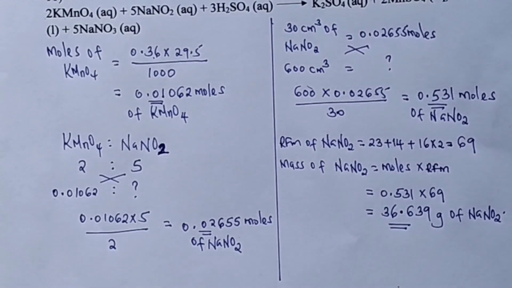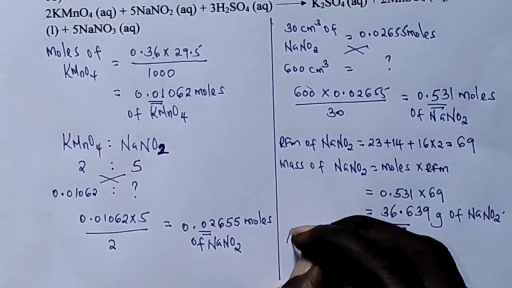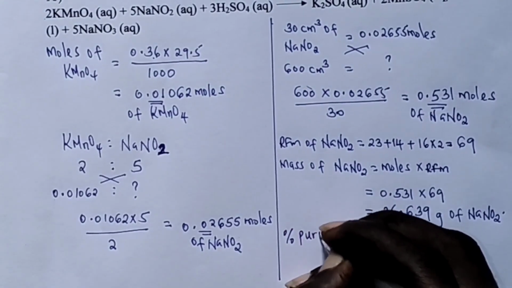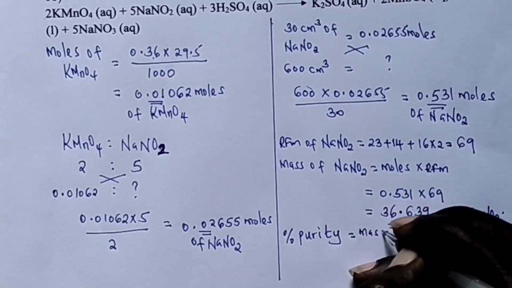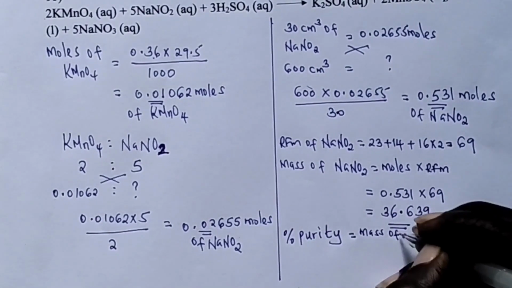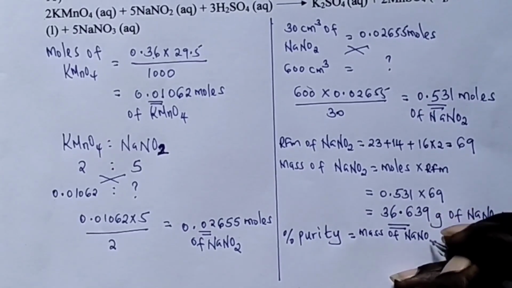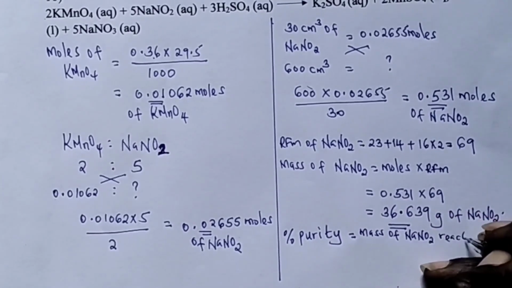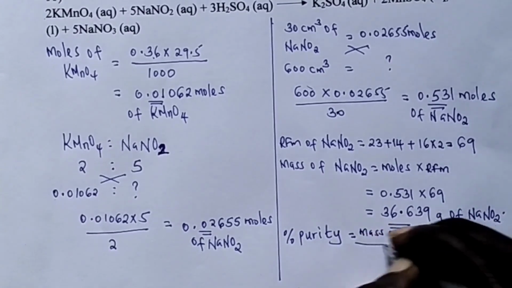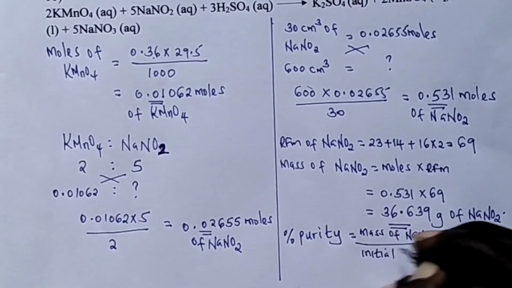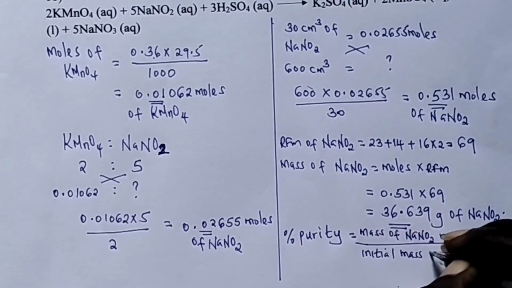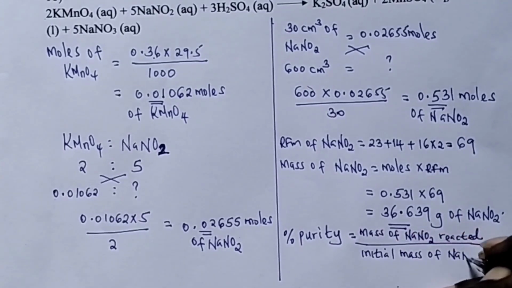So the percentage purity can be gotten by the mass of sodium nitrite reacted with the potassium manganate(VII), divided by the original or initial mass of sodium nitrite, then multiplied by 100%.